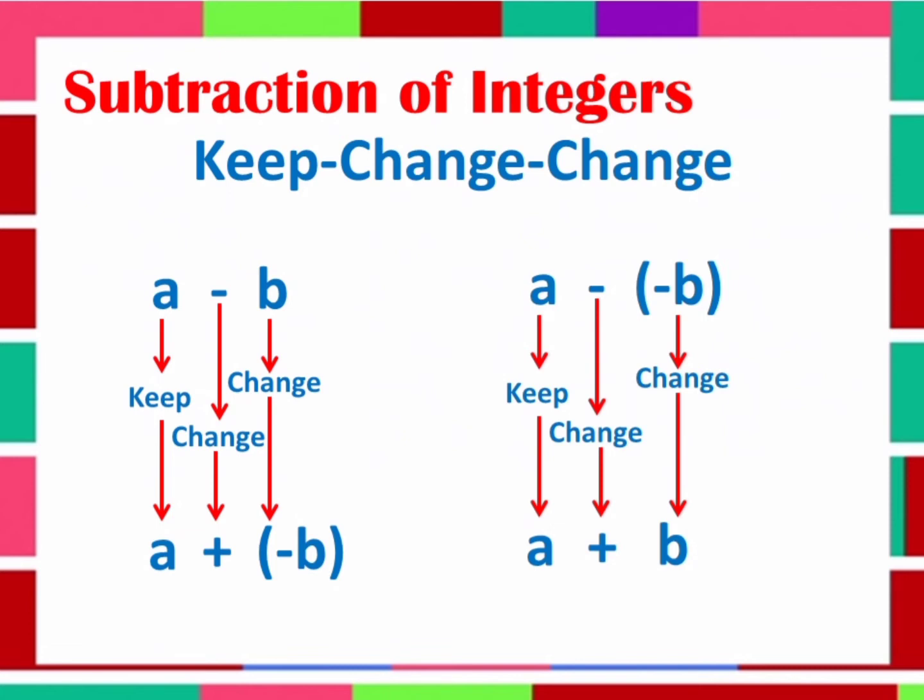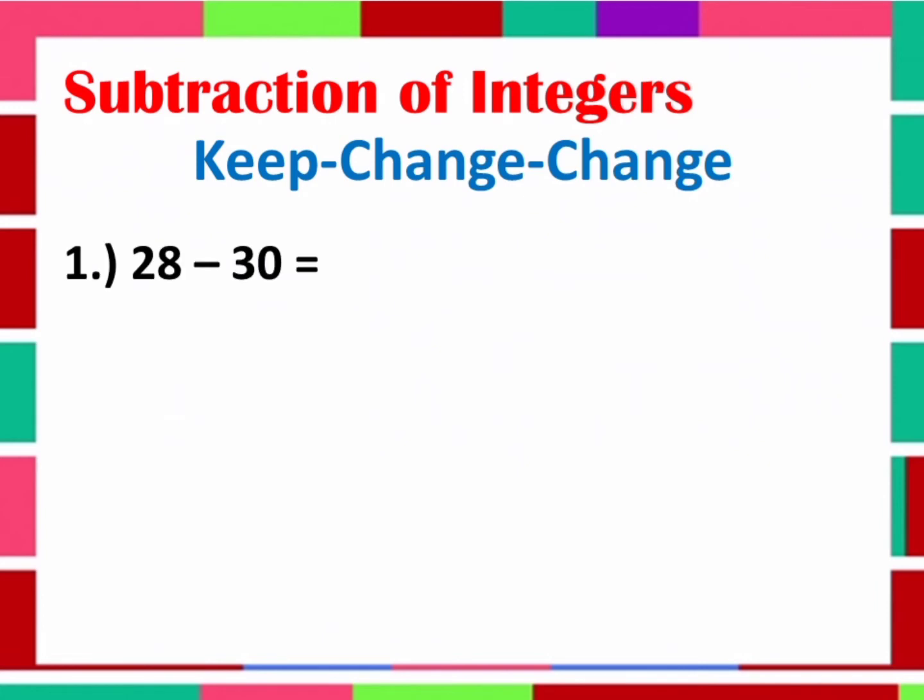So number 1, 28 minus 30. Now, apply KCC. Keep the first integer, so the 28. Then, change minus to plus and change the sign of the subtrahend. 30 is positive, so it will become negative 30.